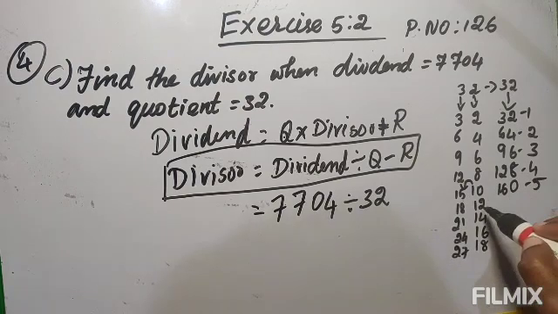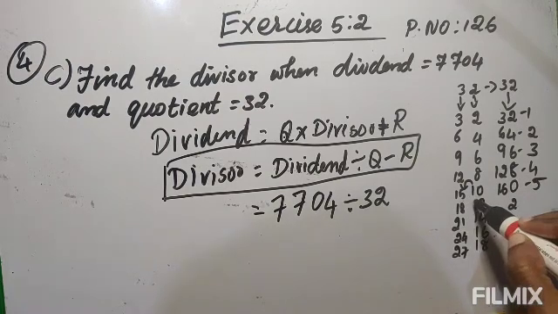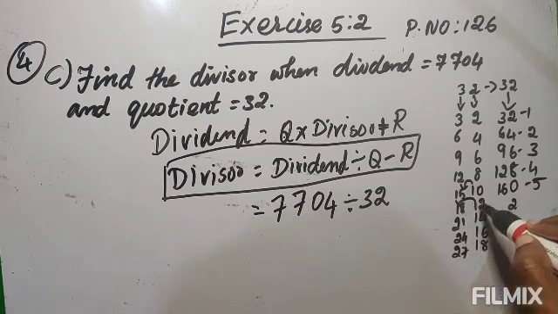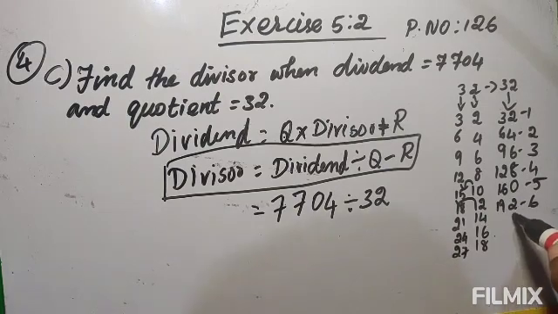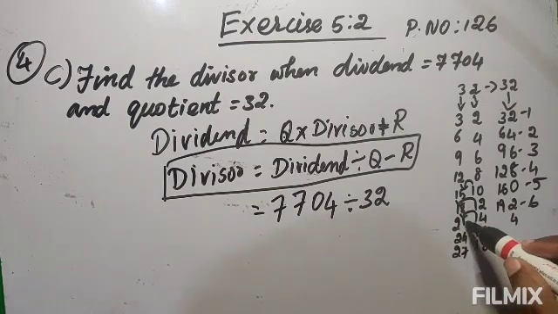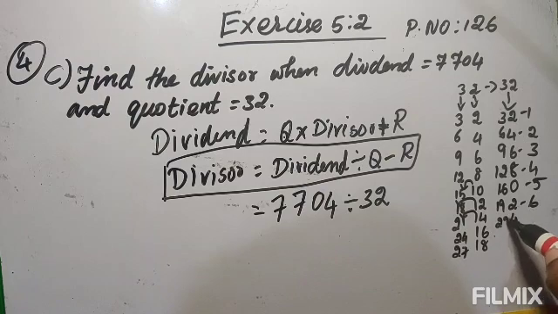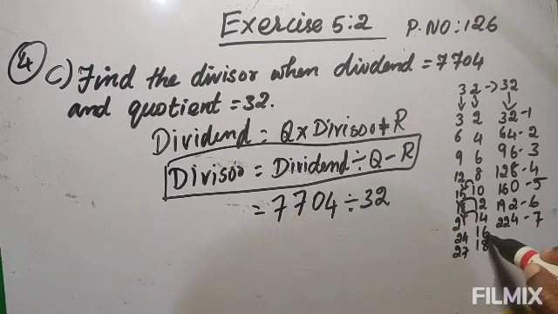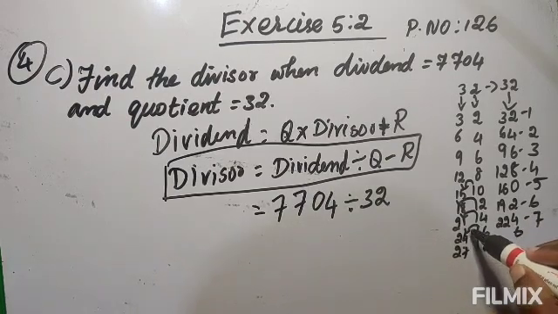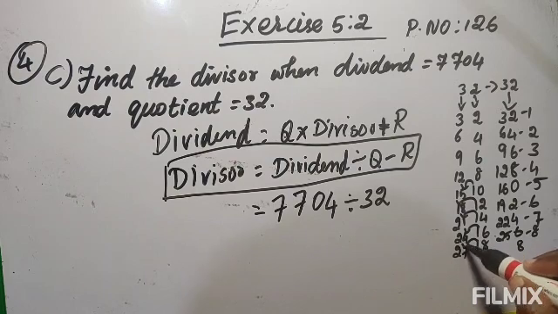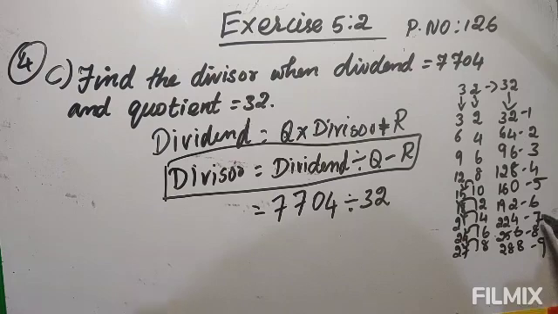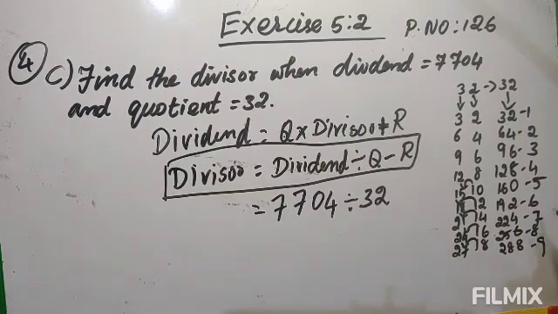So this is 5 times, this digit you write here, and this 1 you add here. 18 plus 1, 19. This is 6 times. 21 plus 2, 22. This is 7 times. 24 plus 1, 25. This is 8 times. 27 plus 1, 28. This is 9 times. Only 9 times is enough. No need to write the 10 times.